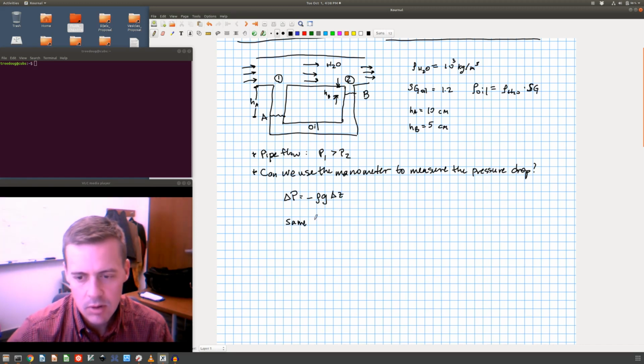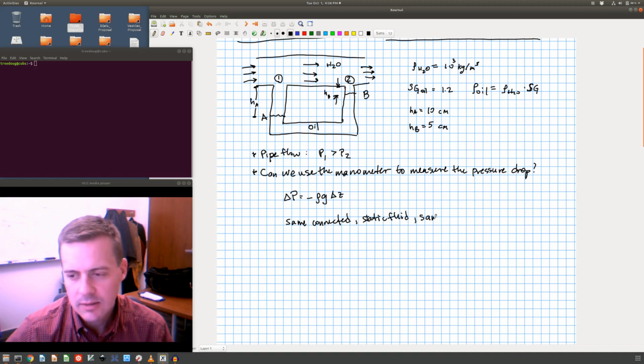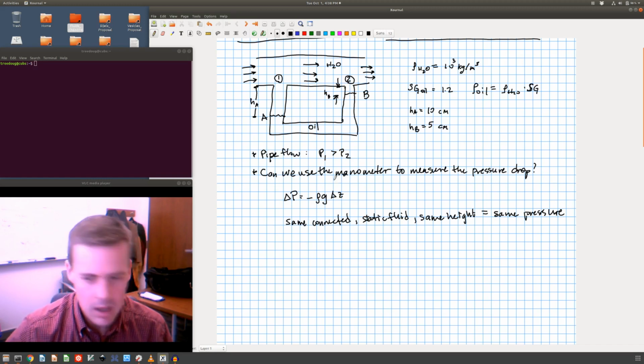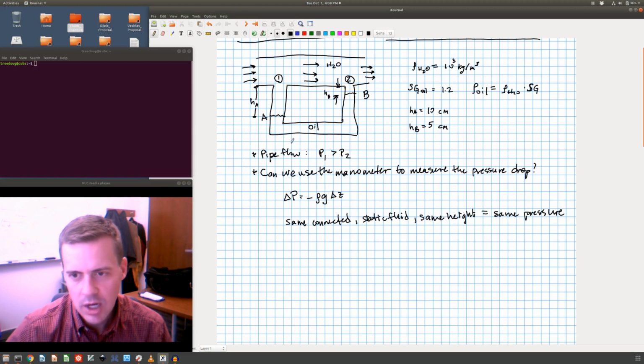So I can use that principle, and I can use this equation to find the pressure change, which I'm going to do to relate 1 and 2.